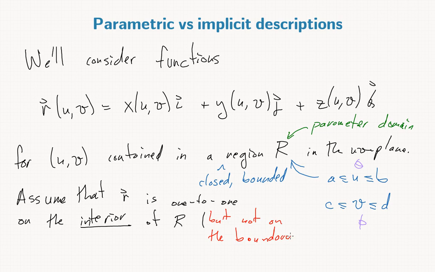We'll see some examples of when on the boundary of R we have 2 different points going to the same point. Okay, so now let's see some examples.